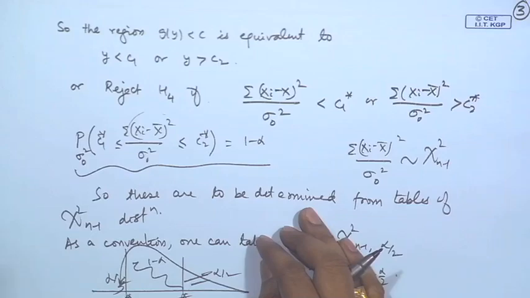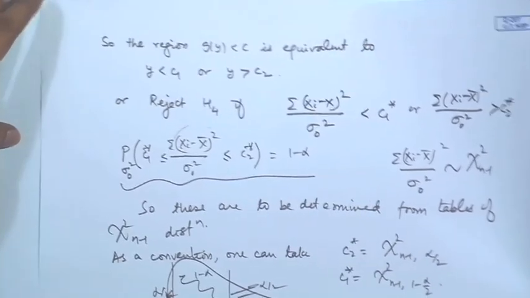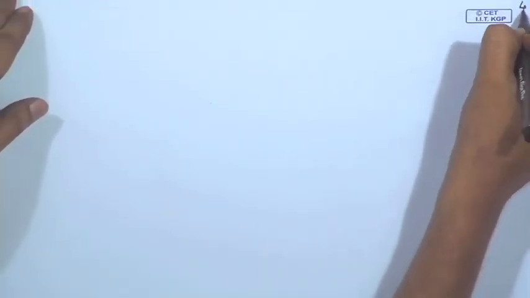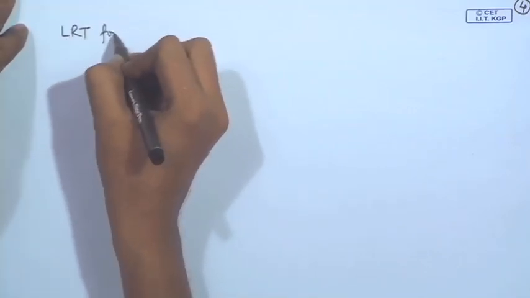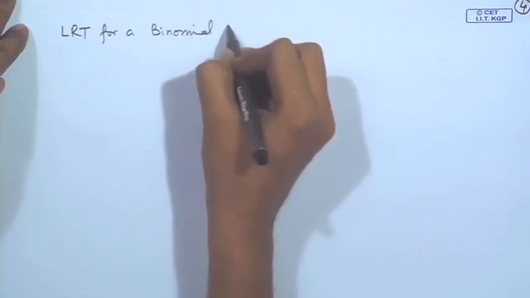Before we move to two sample problems, let me give an application to the distributions which are discrete or which are not in the exponential family. So, let us consider likelihood ratio test for a binomial proportion.